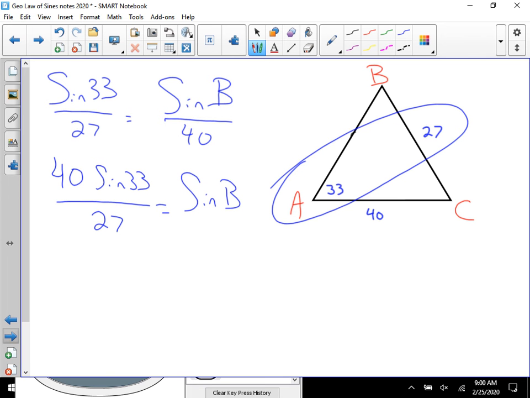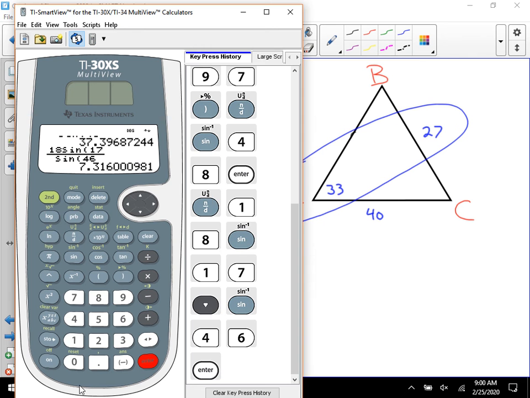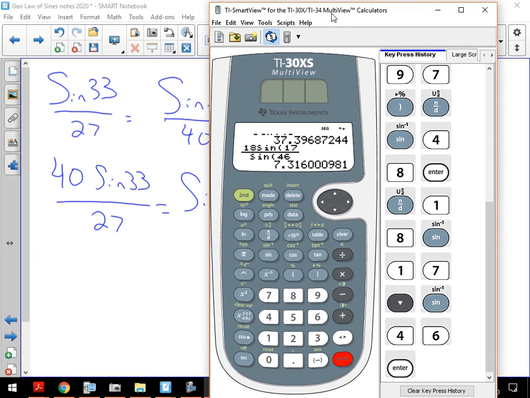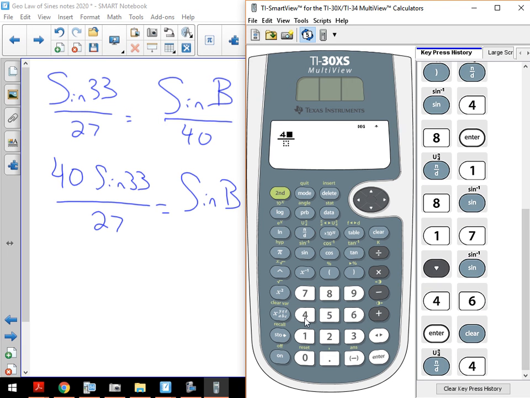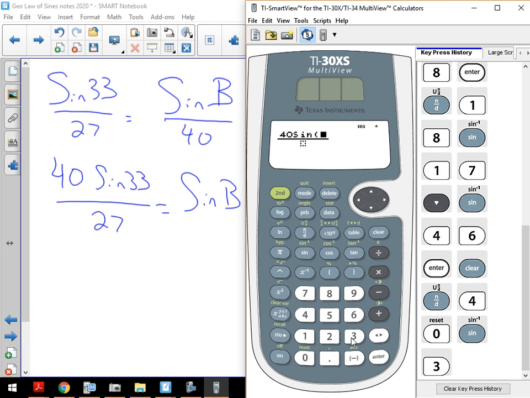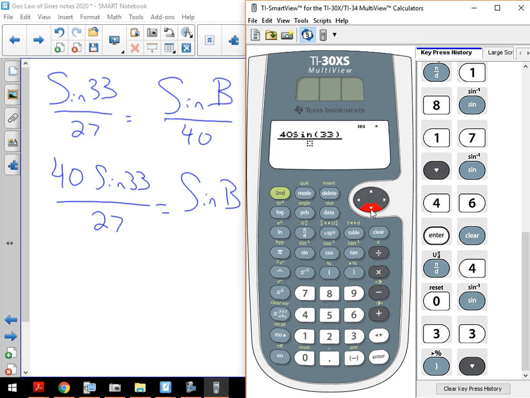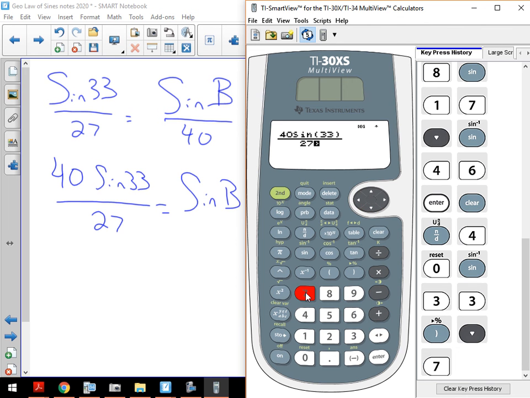Okay. Now remember, this represents some crummy decimal. We need to find that crummy decimal. So we type it in. Fraction bar, 40 sine 33 over 27 and hit enter.